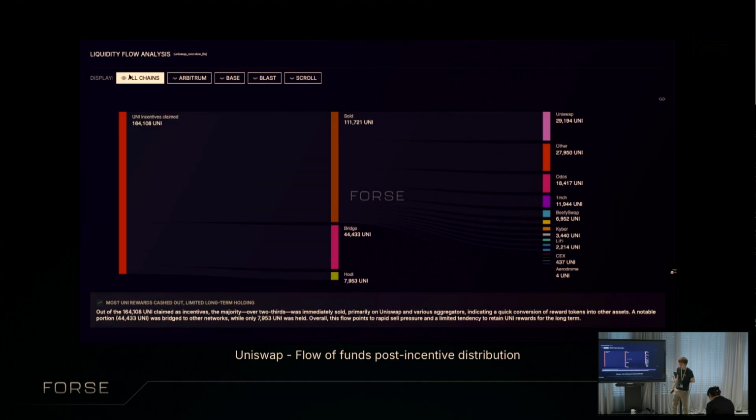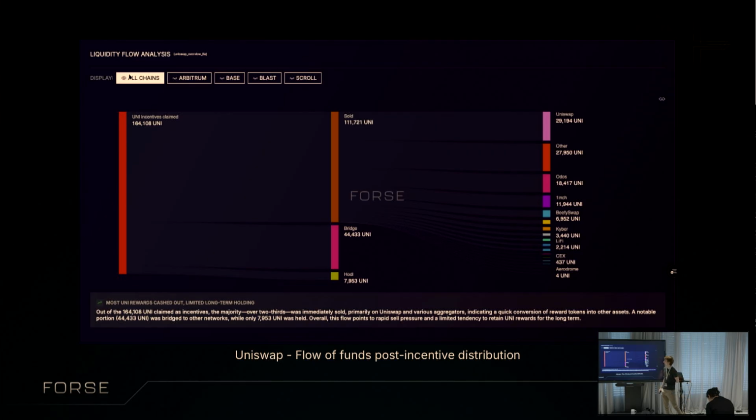Then the last thing we looked at is what happens to the incentives. So we give out the incentives to anyone participating, and then we looked over the next month at what happened to these tokens.